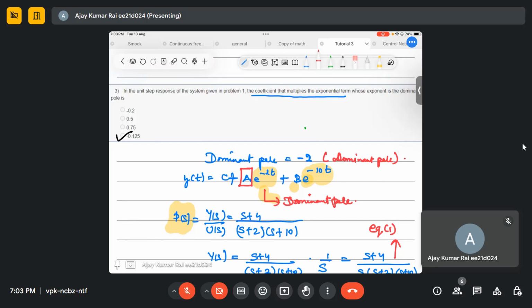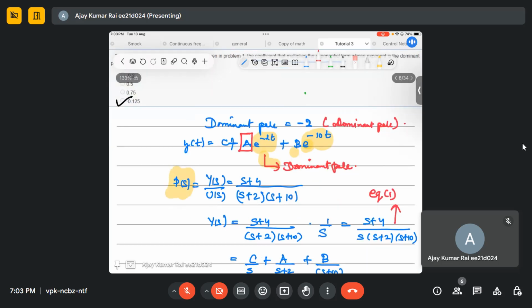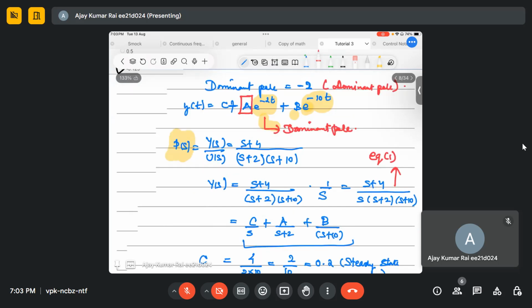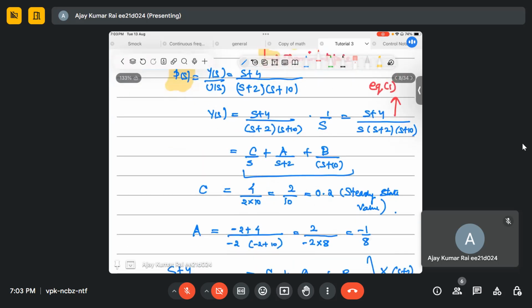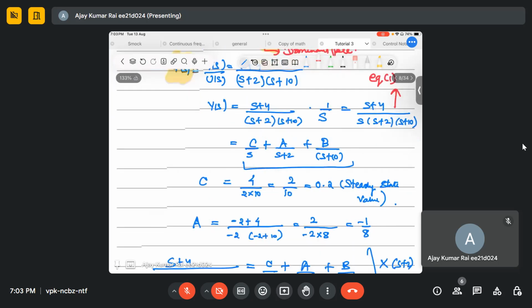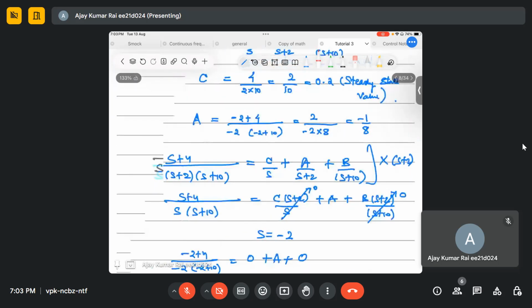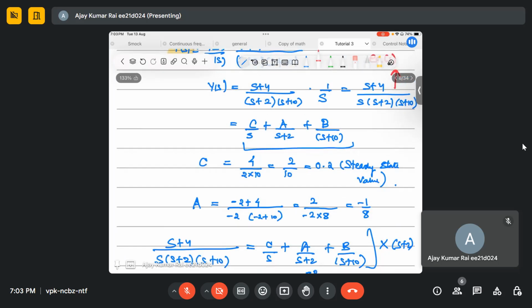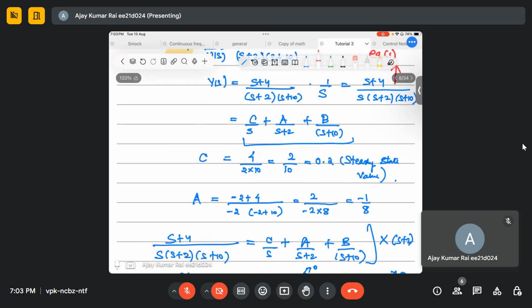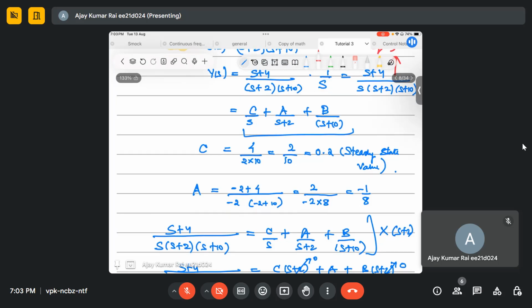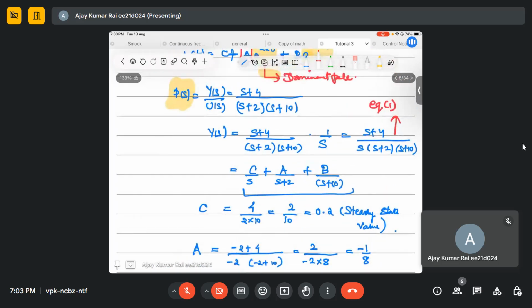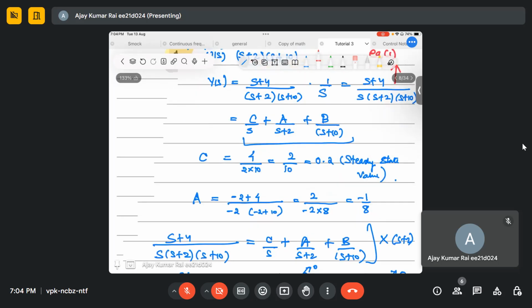To find a, we have found the response. This is how you typically find the coefficients, by keeping a, b, c and then you multiply. So this is equation 1, just multiply the right hand side and left hand side.